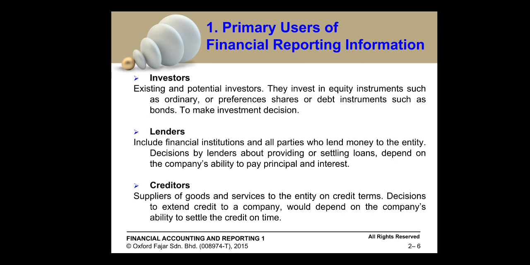They will decide whether to sell more, or to increase the price or decrease the price, that kind of business decision. To open a new branch of business or to close down a branch of business. A manager has to make many business decisions every day. They will use income statement or accounting data or accounting information to make business decisions. Okay, so that is the first group of users.